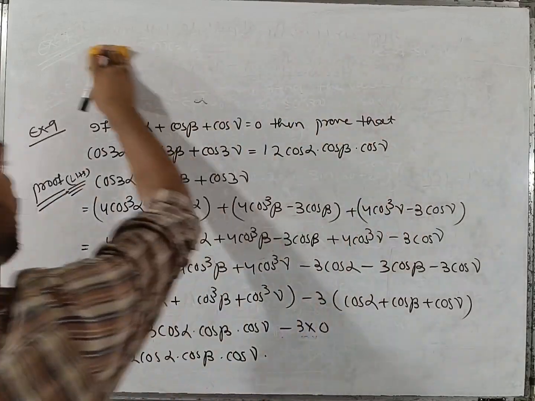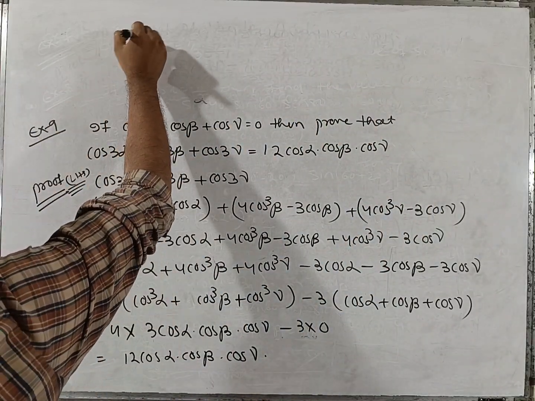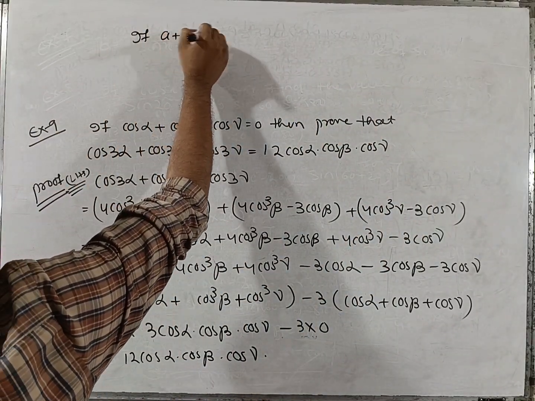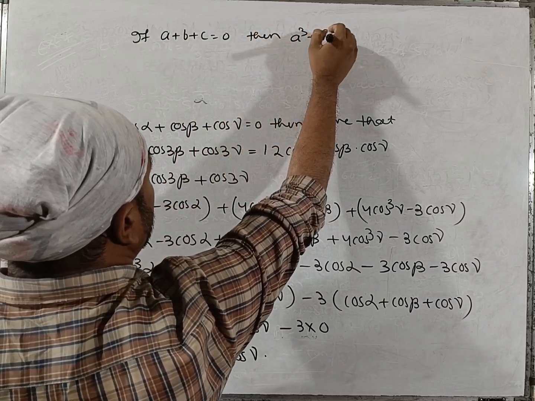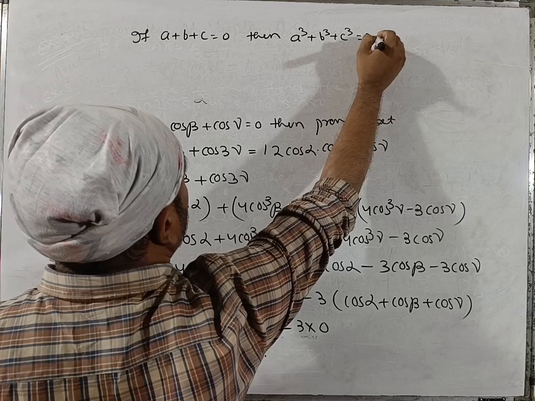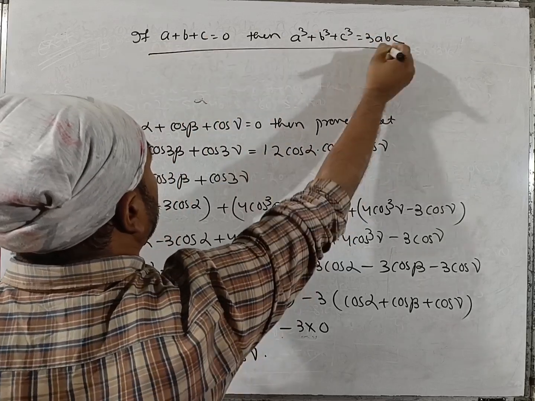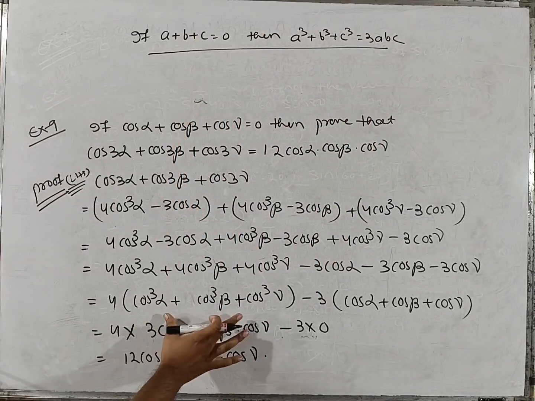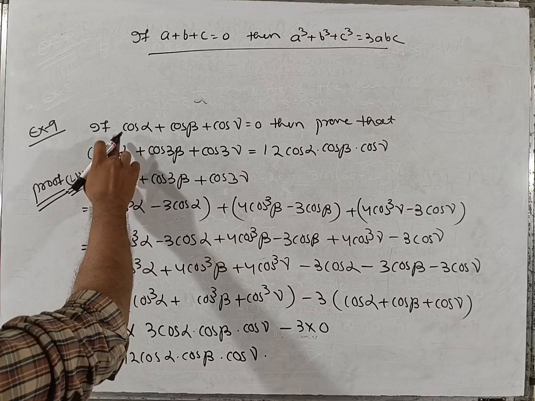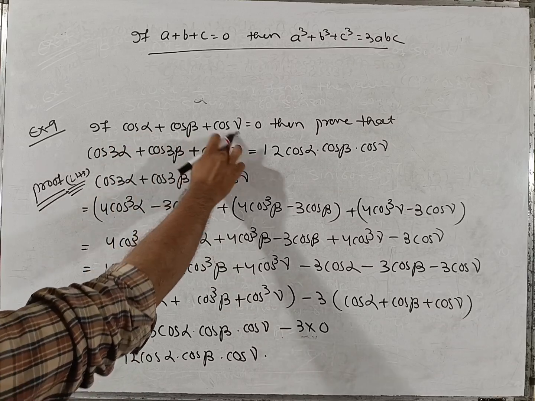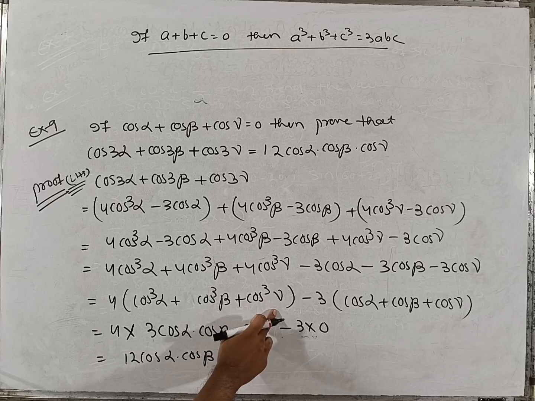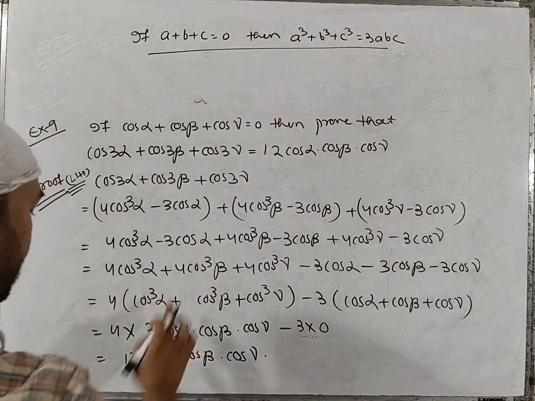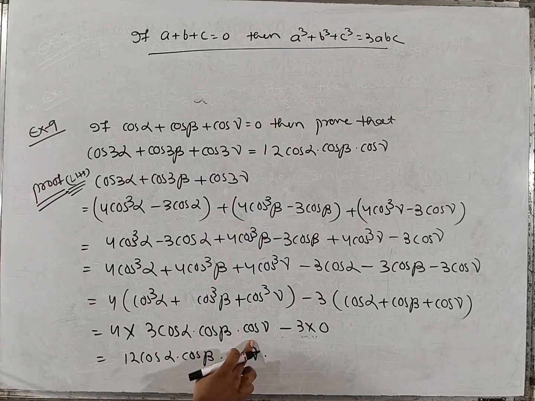We know the formula from algebra: if a plus b plus c is equal to 0, then the value of a cube plus b cube plus c cube is equal to 3abc. By applying this formula in this step, it is given that a plus b plus c is equal to 0. That means in place of a cube plus b cube plus c cube, you get 3abc, that means 3 cos alpha, cos beta and cos gamma.